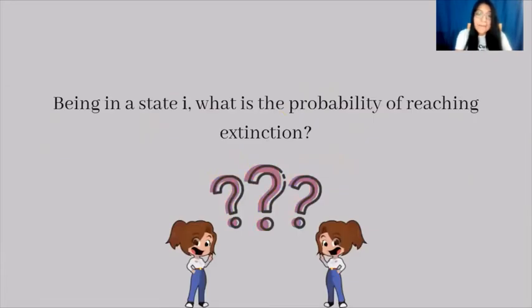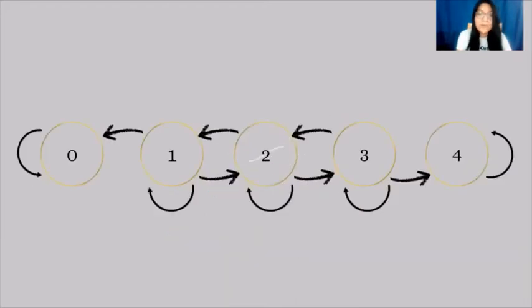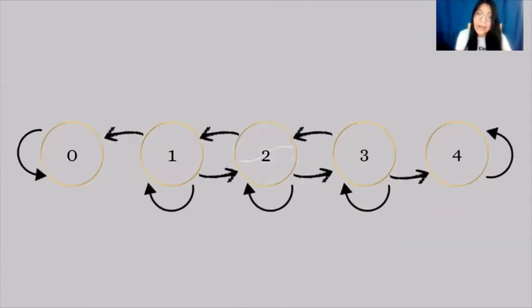Okay, being in any state, what is the probability of reaching extinction? Without loss of generality, let's see what is the probability of reaching extinction given that we are in state 2.